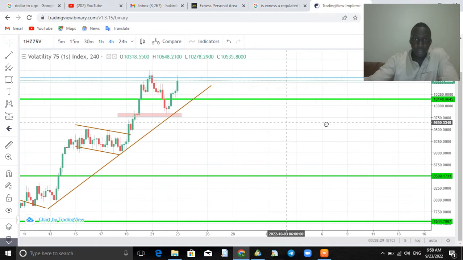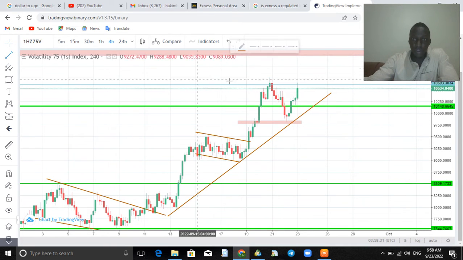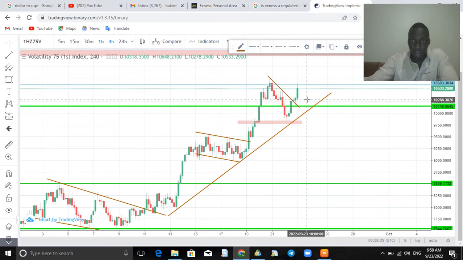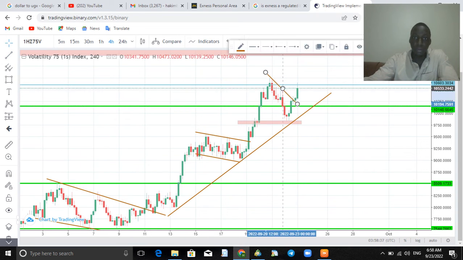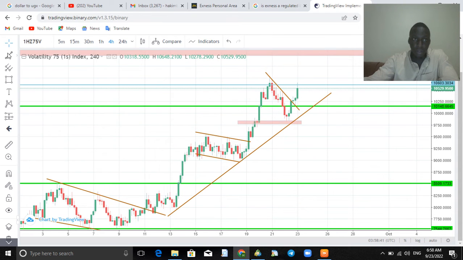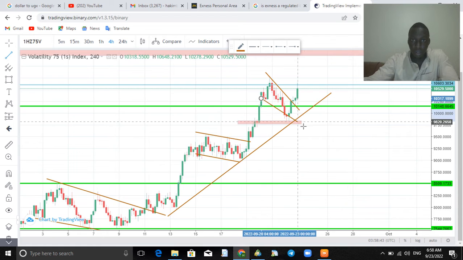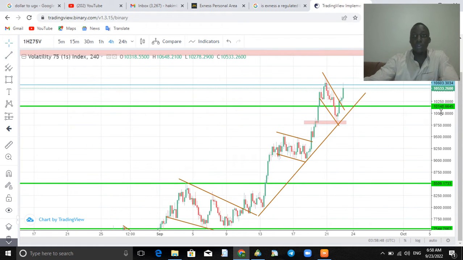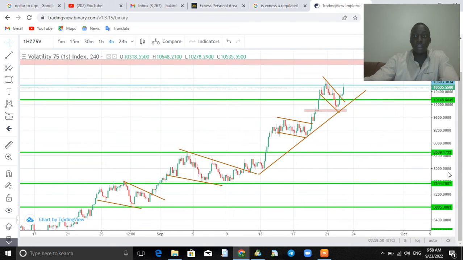Now if I connect these recently broken lower highs, and I connect this recent low, you can clearly see that we have a continuation pattern, which is a flag.